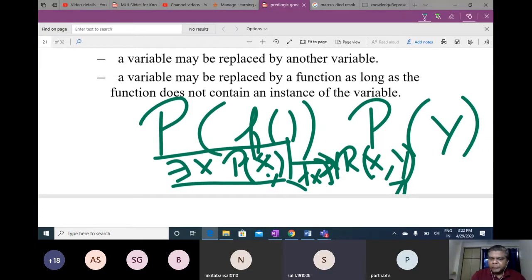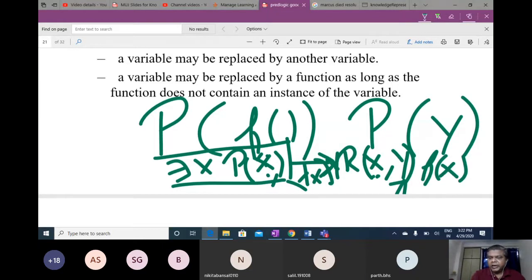So that means we cannot replace y by simply a constant here. y has to be some function of x. For each x there would be a different y for which it will be true. So y has to be replaced by a function f of x.